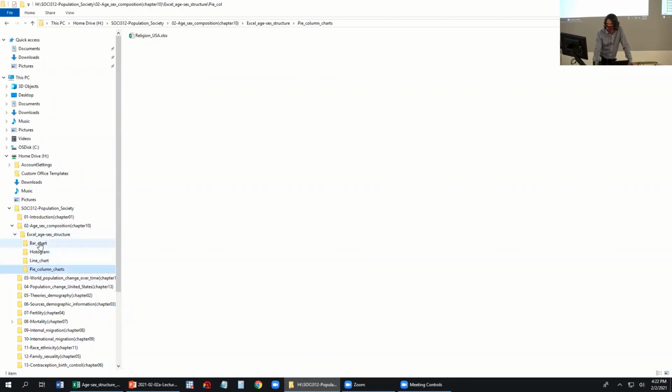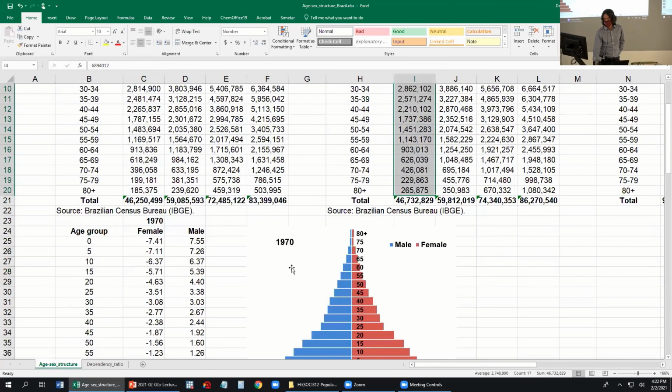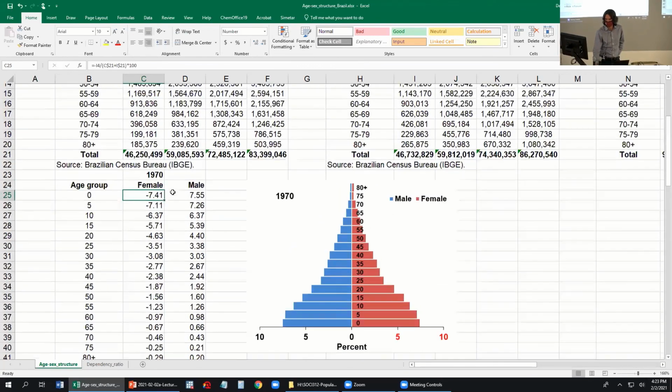And the one on the bar chart is the one that if you enter information by age group, by sex, male and female for a specific year, this is just pretty much the counts. Just typing here. This information here calculates the proportion or the percentage of women in each one of these age groups and the men in each one of these age groups, adding up to 100 in total.